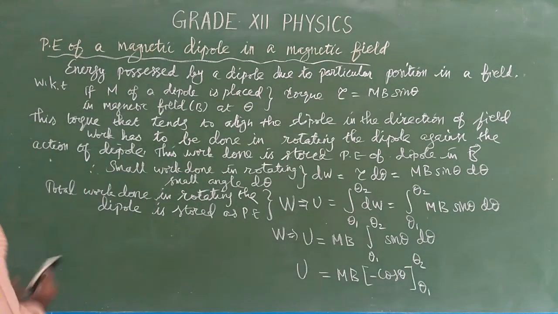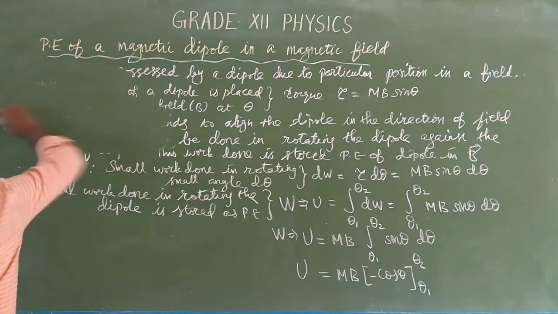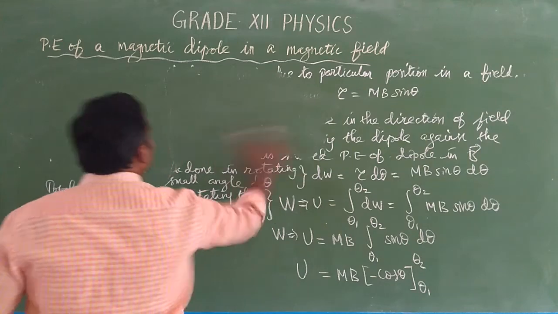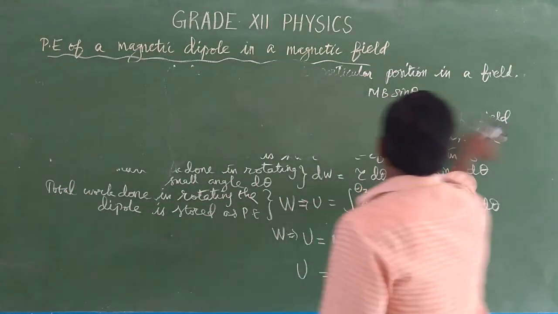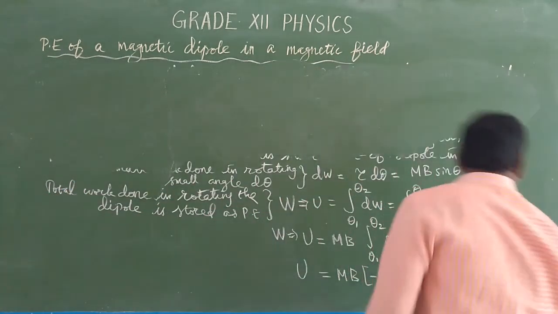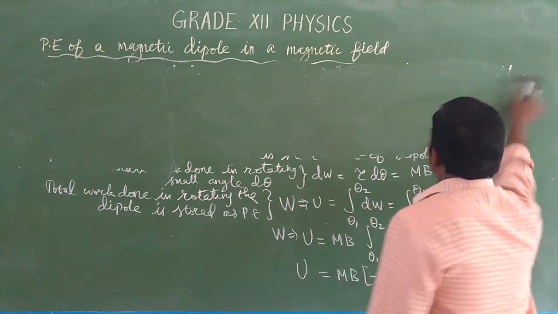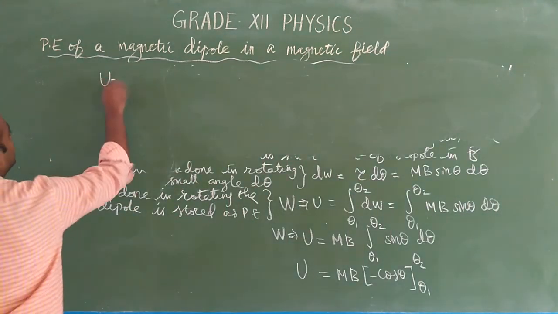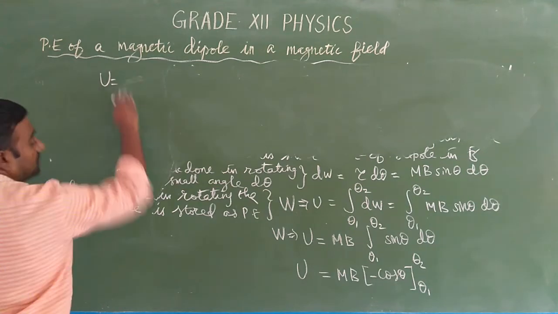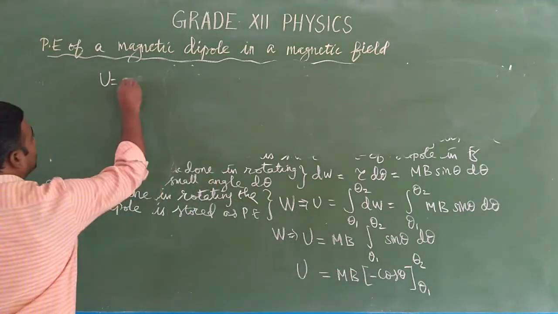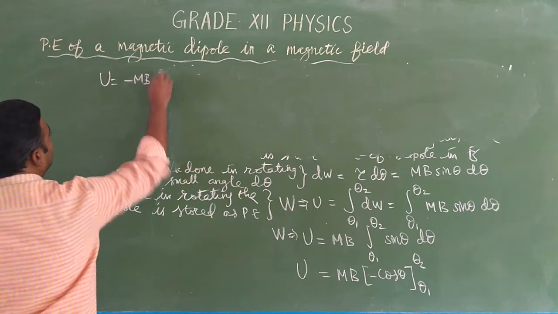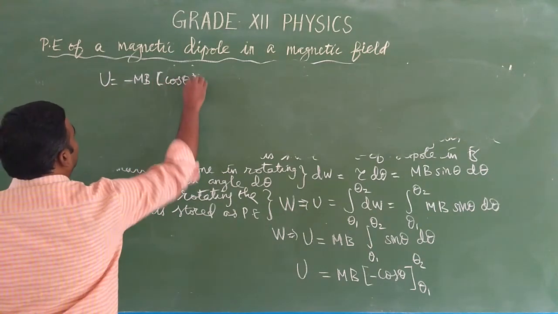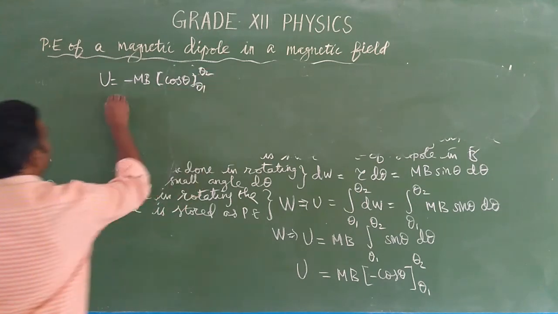Next step for the potential energy: we want to find the potential energy of the dipole in a magnetic field. Bringing the minus outside, the potential energy is minus MB into cos theta with limits theta 1 to theta 2.